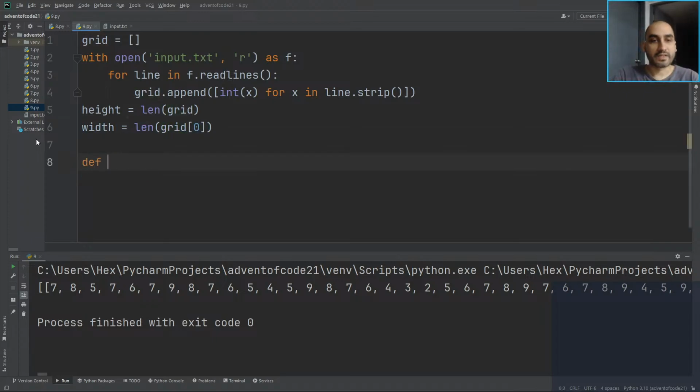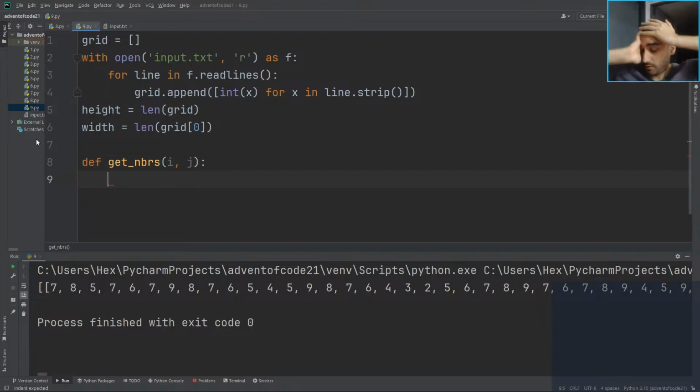So let's define get neighbors. So given an i and j, we want to return all the neighbors.